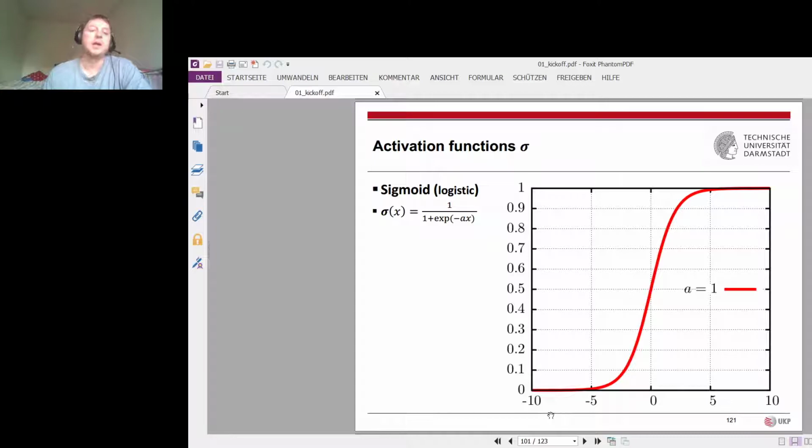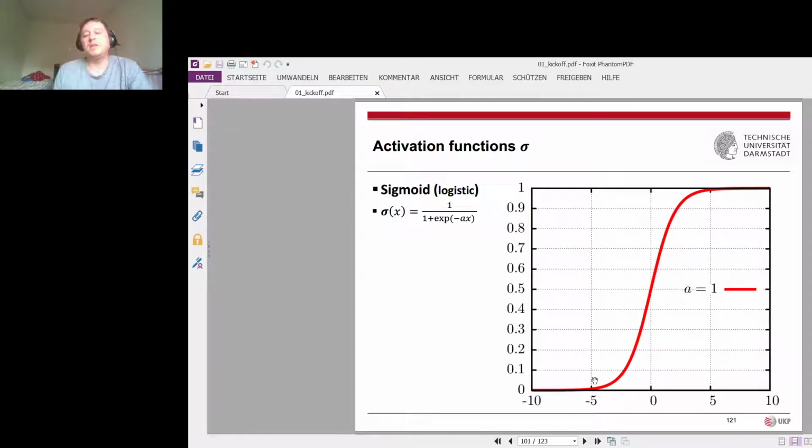So that's why, after the initial perceptron model had been introduced, people chose a different one. This was one of the most popular choices, the so-called sigmoid, or also called logistic activation function. It has this mathematical form, 1 over 1 plus e to the minus a x, where a is a parameter.